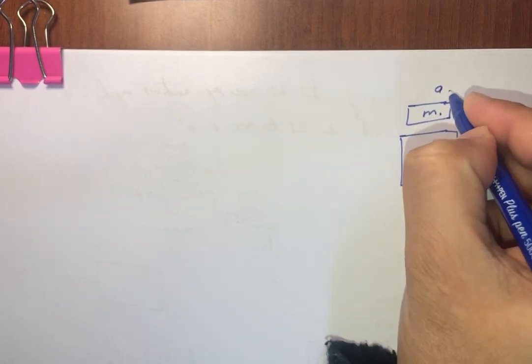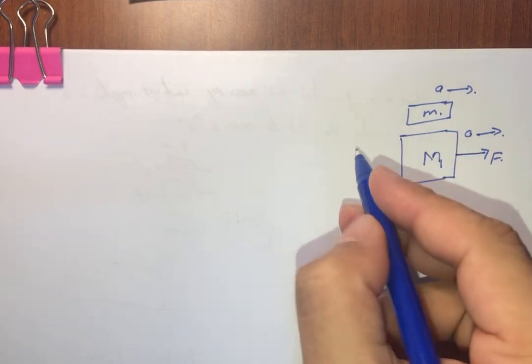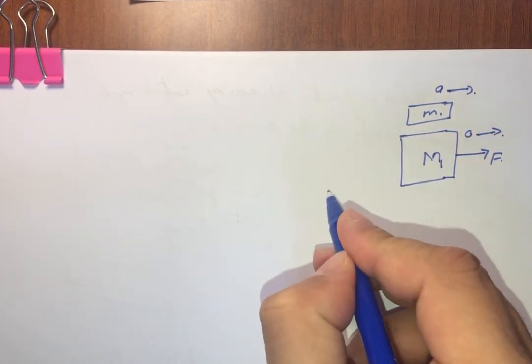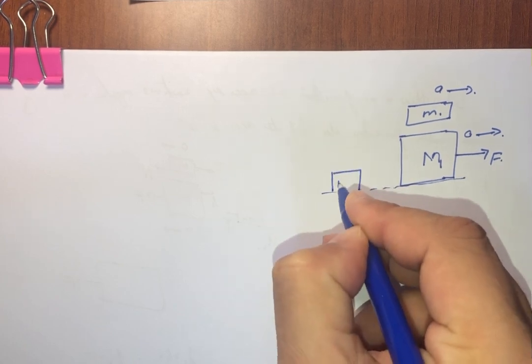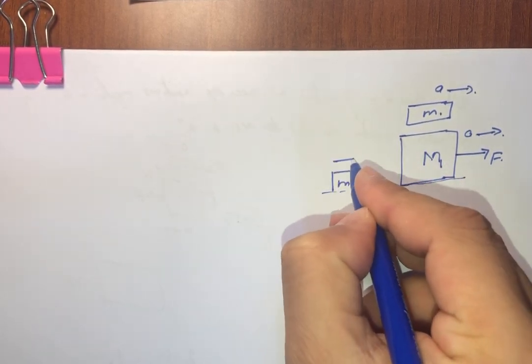M1 is also traveling with acceleration A, and it is connected with a string to M2. So M2 is also traveling with acceleration A.